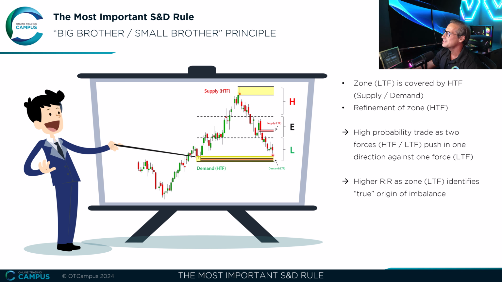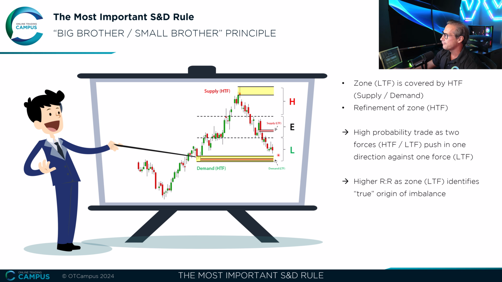But just conceptually speaking, if you trade covered, if that rule, the big brother, small brother principle, is met, if your lower time frame zone is covered by the higher time frame zone, well, then you're trading with the force, with the probability of the higher time frame zone.